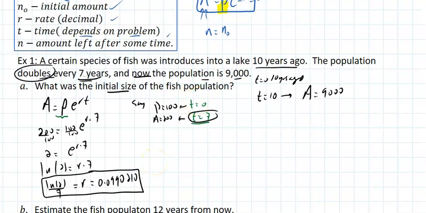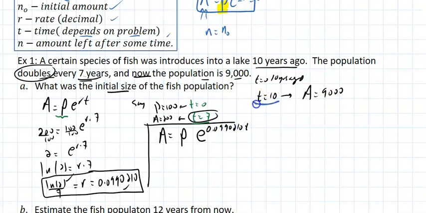Now this is what I know. Now I know that A equals P times e to the rt. So either you write this as r or you write this as r. I'm going to go one time with the decimal. And what do we know? We know in 10-year time, e to the 0.0990210, whatever the initial population is, it just became 9,000.